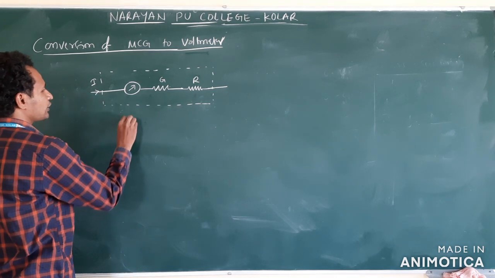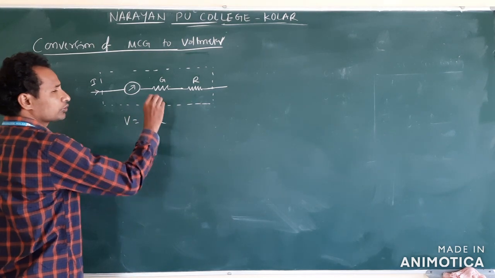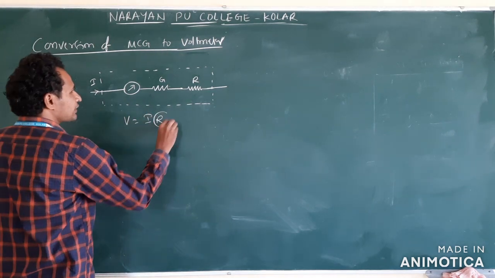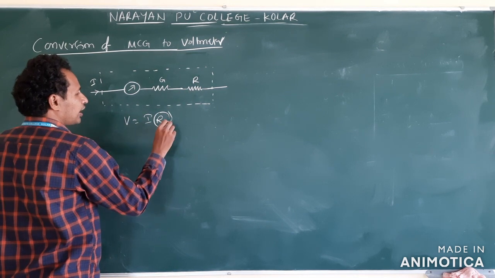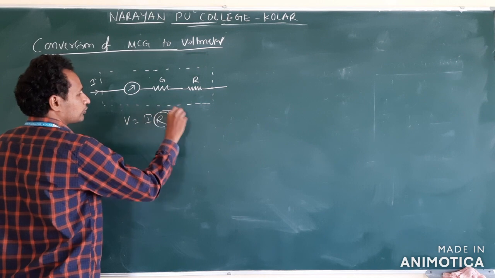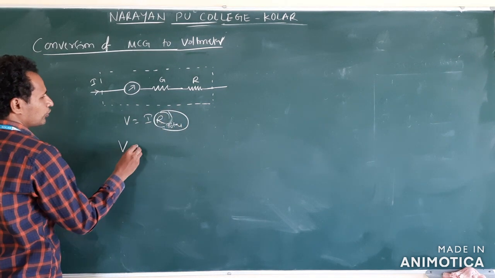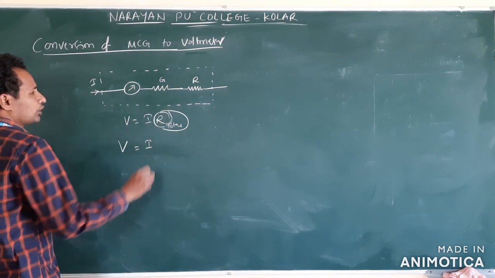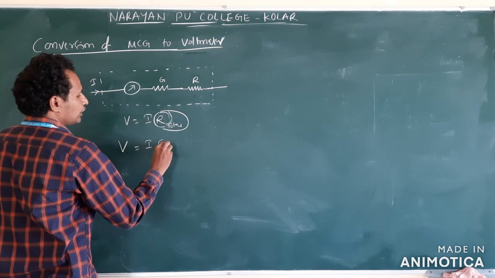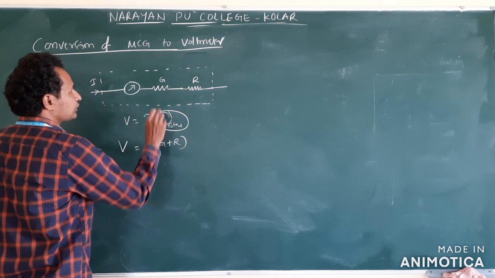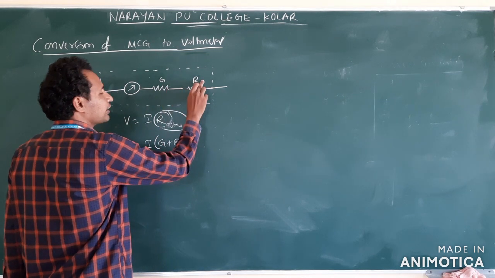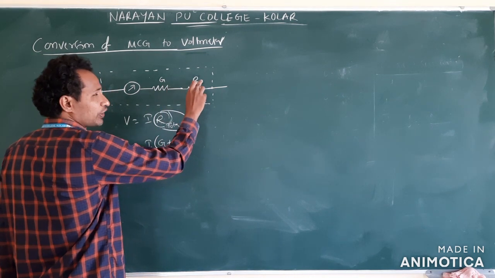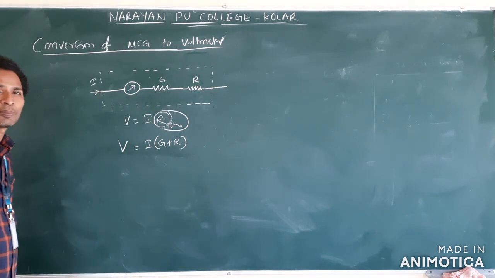So the potential equation is V is equal to I R. Here R is the total resistance. Then V is equal to I into total resistance, which is G plus R, because G is the galvanometer resistance and R is the external resistance we connected. These two are in series, and the effective resistance formula is R1 plus R2.